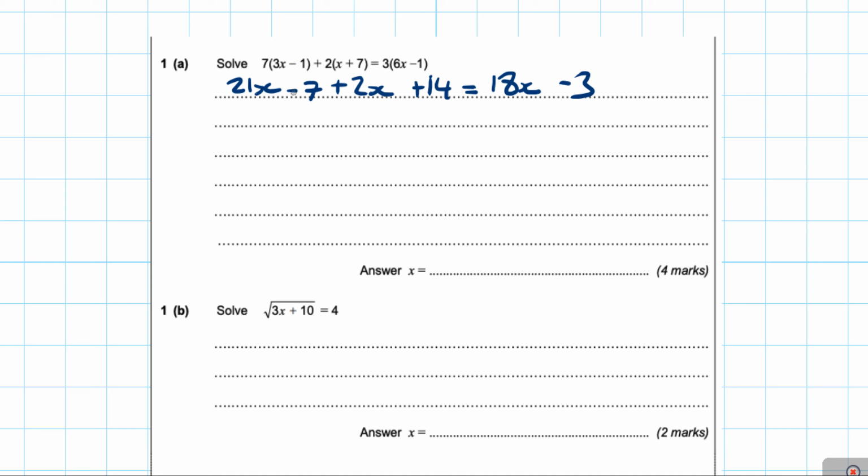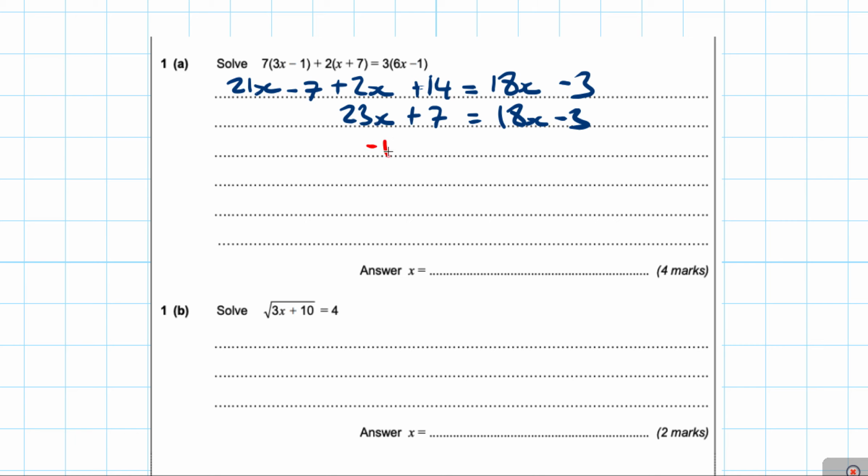The next step I would do is to put any like terms together, which are on either side. So here we've got 21x plus 2x, which is 23x, and we've got minus 7 plus 14, which is equal to 7. That's equal to 18x minus 3. And then the next step, I'd put the x terms on the left hand side and the numbers on the right hand side.